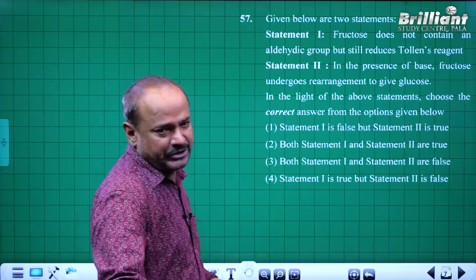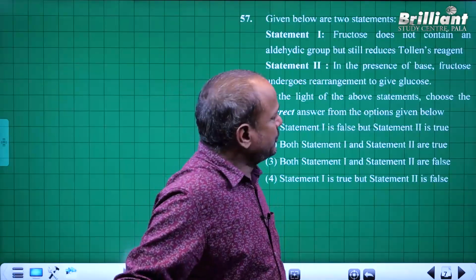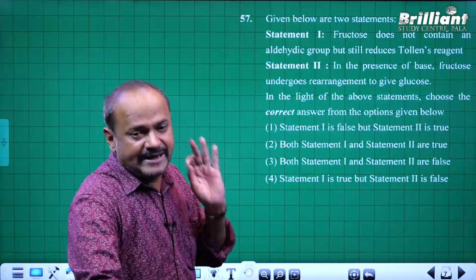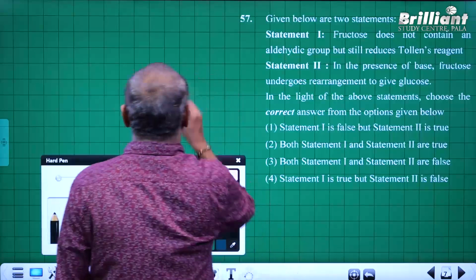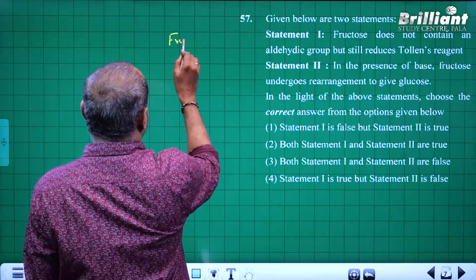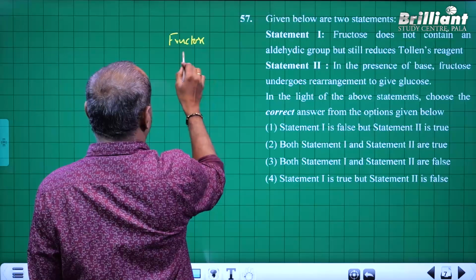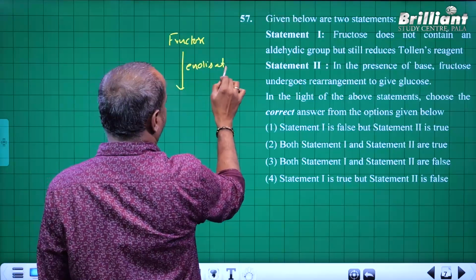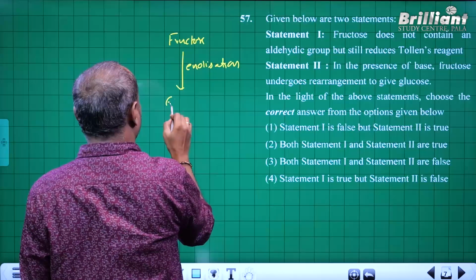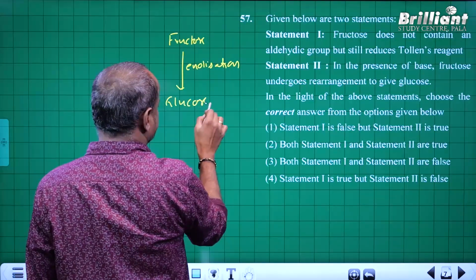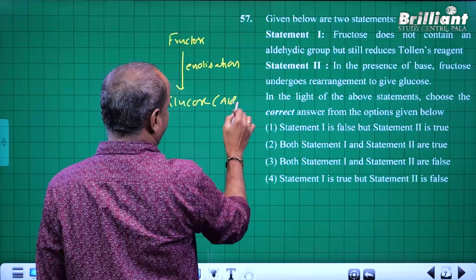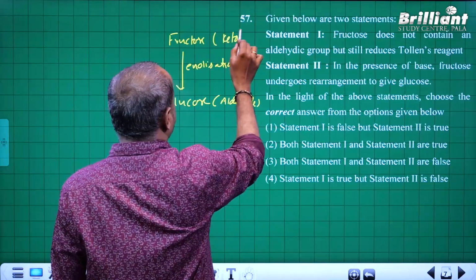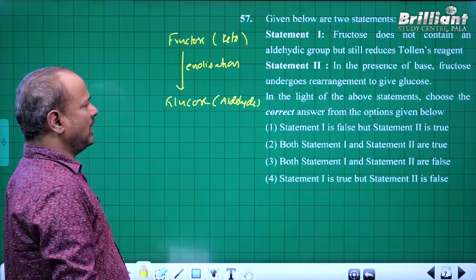Then how does a ketone reduce Tollen's reagent? Because a keto group does not react with Tollen's reagent, which is only for aldehydes. But the main important step is enolization. Fructose undergoes enolization into glucose, an aldehyde.